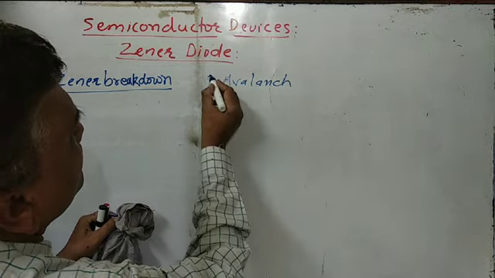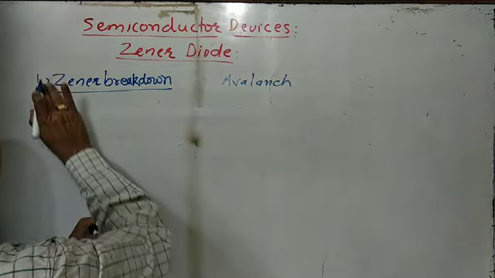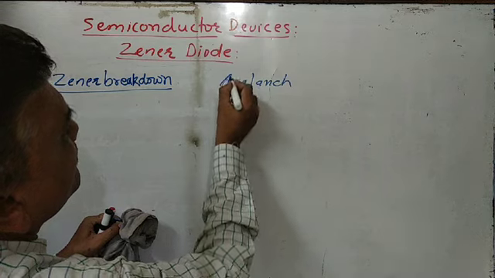Now the differences between Zener breakdown and avalanche breakdown.